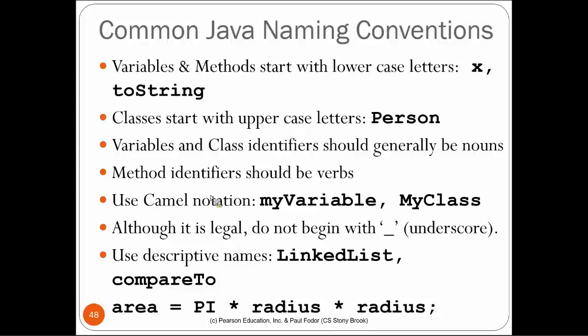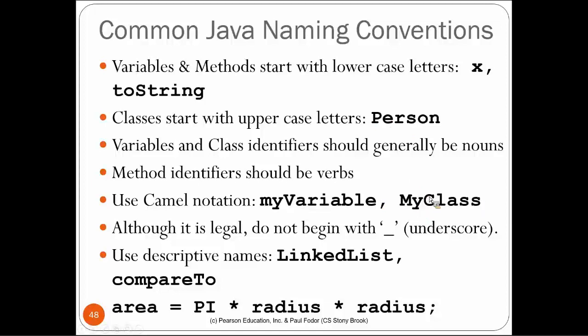And if we have multiple words within one identifier, like myVariable or MyClass, we should use what is called camel case notation. Camel case notation means that every word in our identifier is capitalized. So myVariable has an uppercase V, because there are multiple words, and when we have a word transition, we should capitalize the first letter of that word.